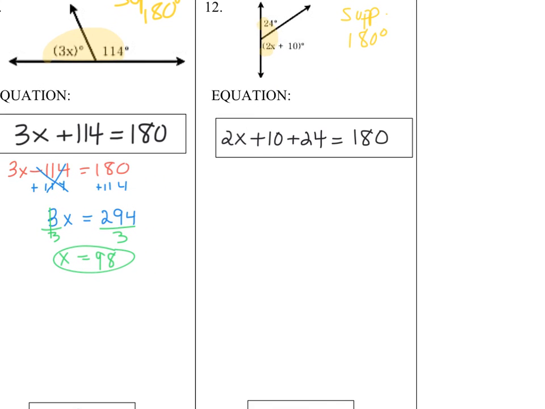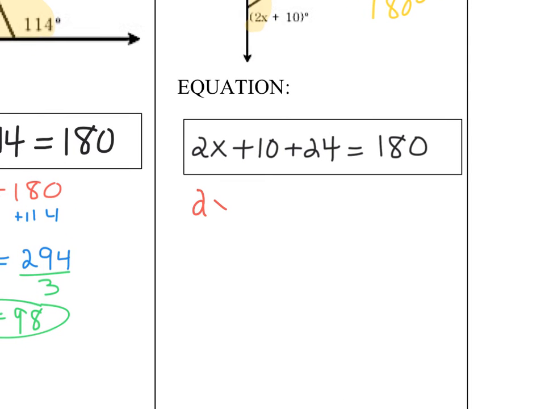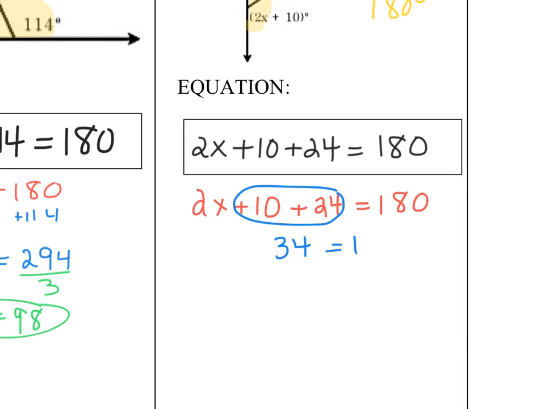All right. 2x plus 10 plus 24 equals 180. Combine those two, which would give me 34, equals 180.